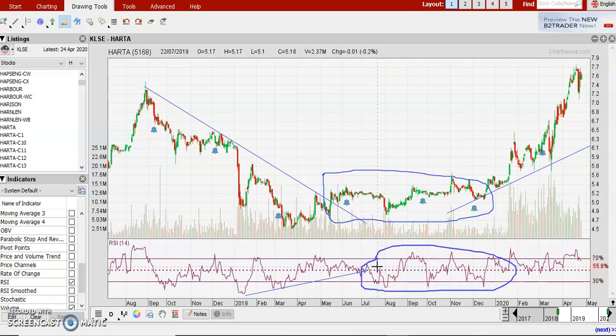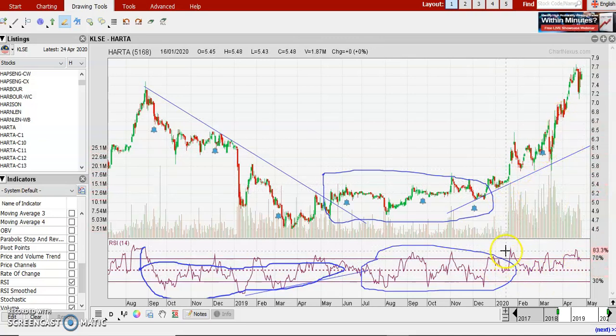During the downtrend, most of the time the RSI will be situated below the 50% line, and in the uptrend most of the time the RSI will be situated above the 50% line.